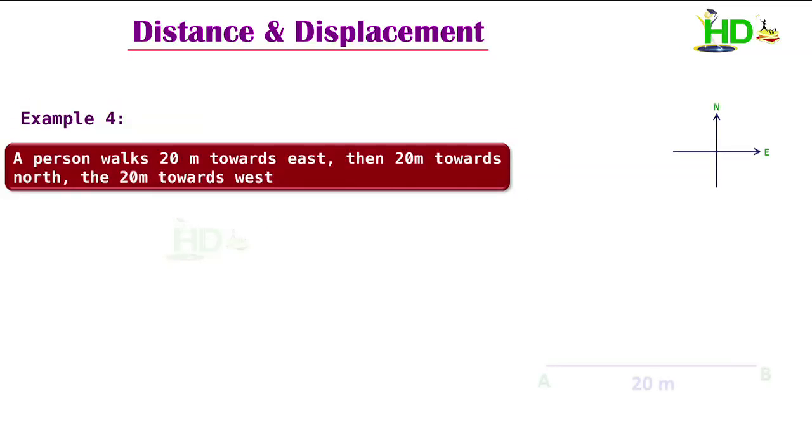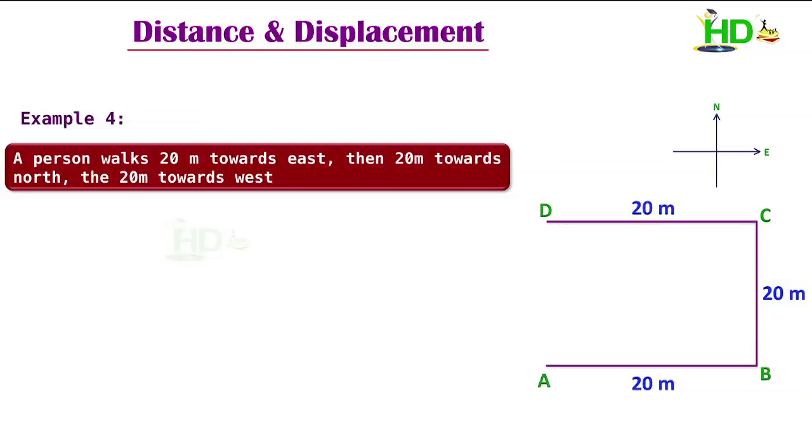And we take another example. A person walks 20 meter towards east, then 20 meter towards north, then 20 meter towards west. That means he starts at A. He walks A to B 20 meter, this is towards east, and 20 meter towards north, that is B to C, and 20 meter towards west, that is C to D. In this case, the distance is nothing but AB plus BC plus CD.